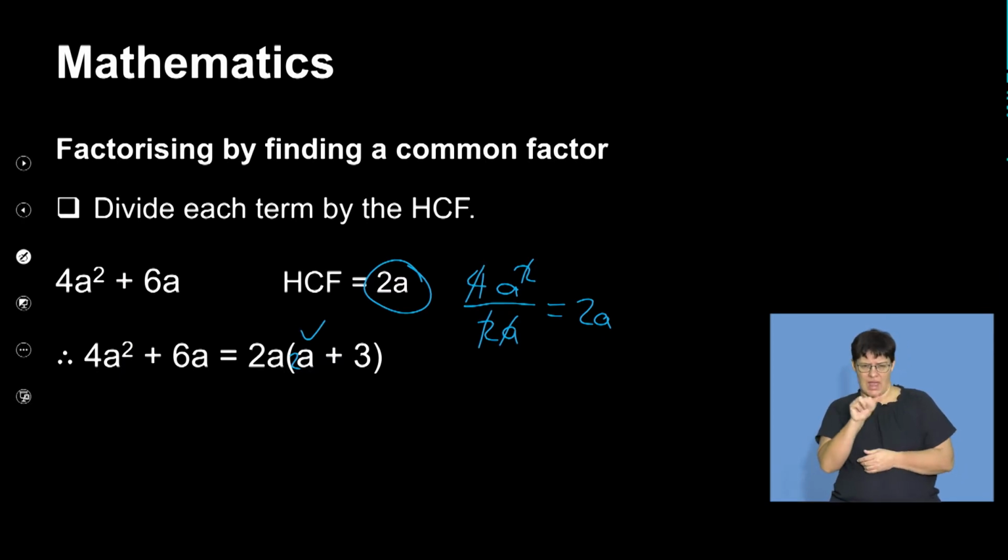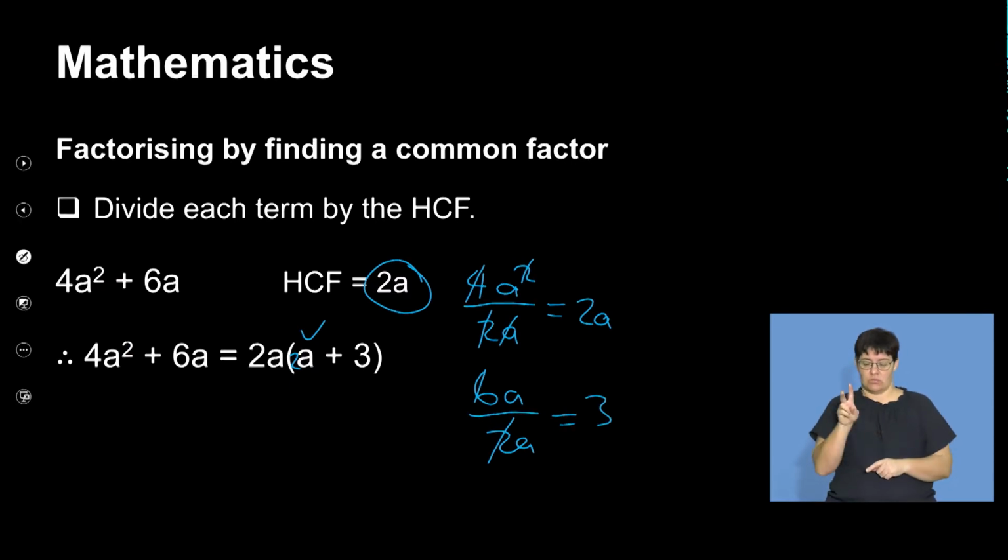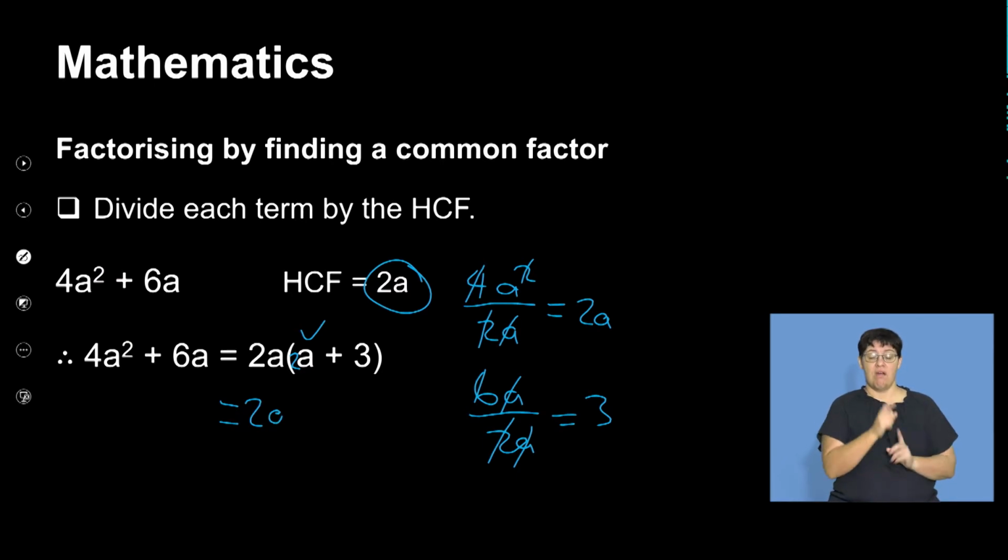And then lastly, if I have 6a divided by 2a, the 2 goes in 3 times, the a cancels the a, and I'm just left with the 3. So the actual answer here, guys, is 2a into 2a plus 3. So please just make sure that you correct that.